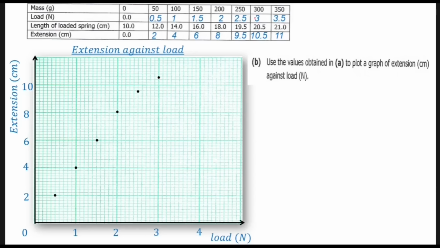Then 3.5, 11. So 3.5 is on the middle here. So if this is 10, you say 10.2, 10.4, 10.6, 10.8, then 11, 11.2, 11.4. Or just 11, not 11.5.